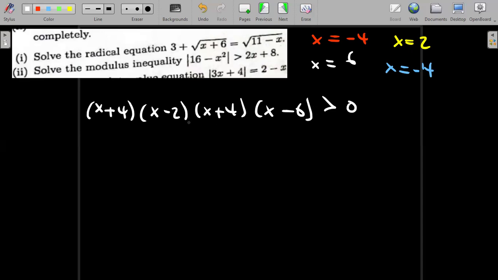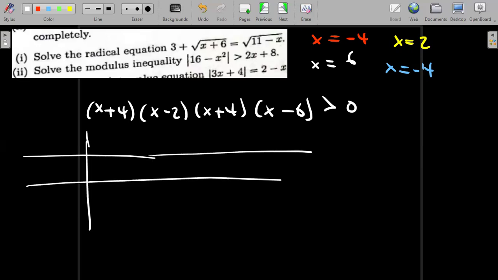But then these points that I found, x equal to negative 4, x equal to 6, x equal to 2, x equal to negative 4, those are my critical points, because of course we're dealing with an inequality. And I can use those critical points in order to solve this.